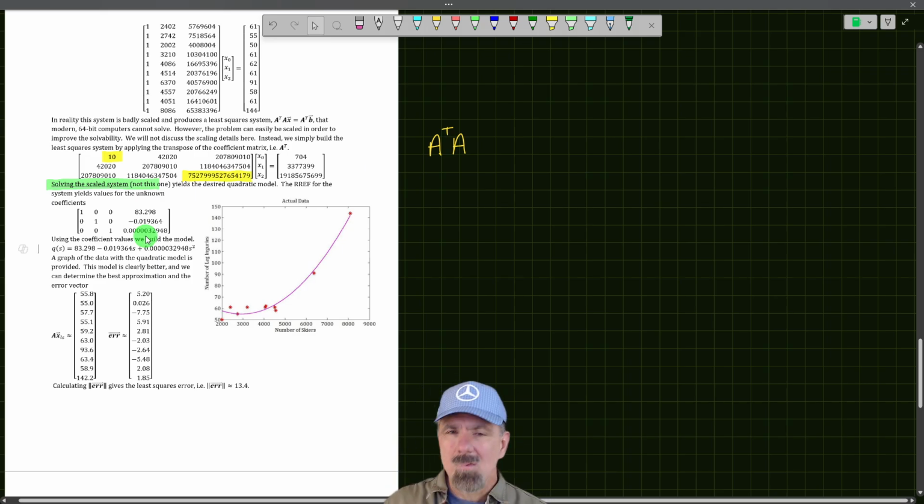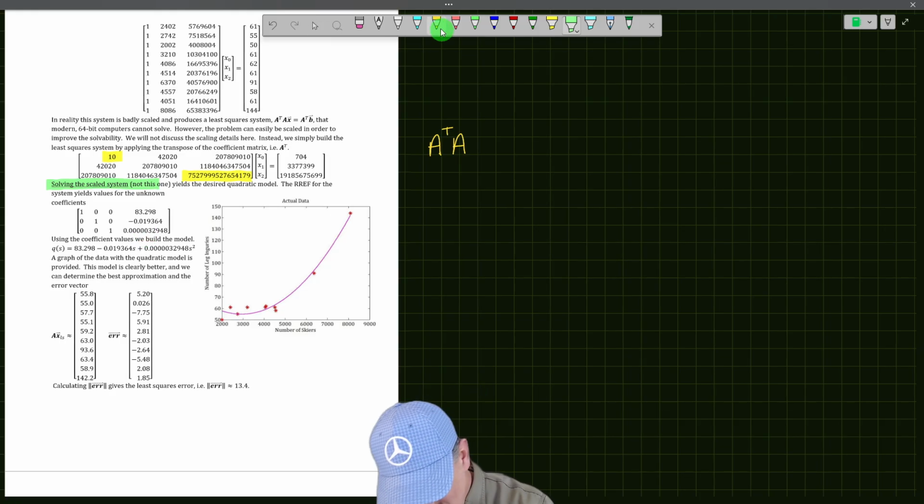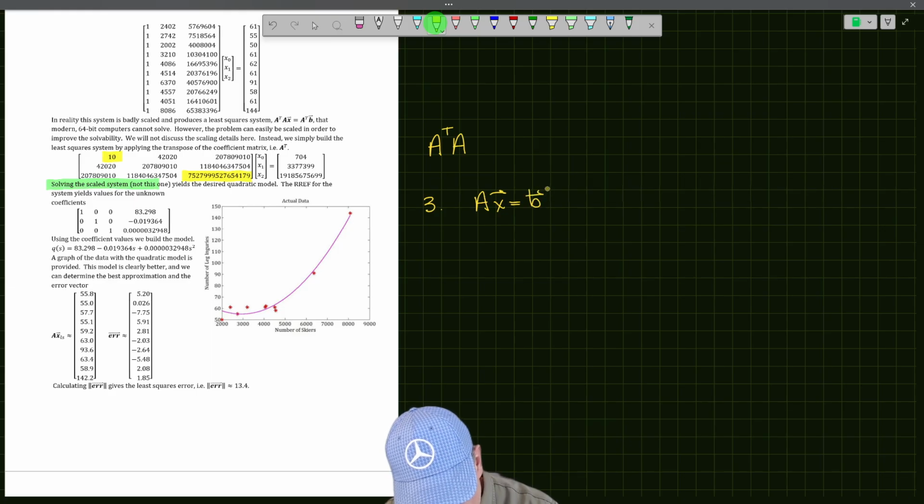So once we have our equations, then really what we're going to do is build our system, AX equals B, from the equations.